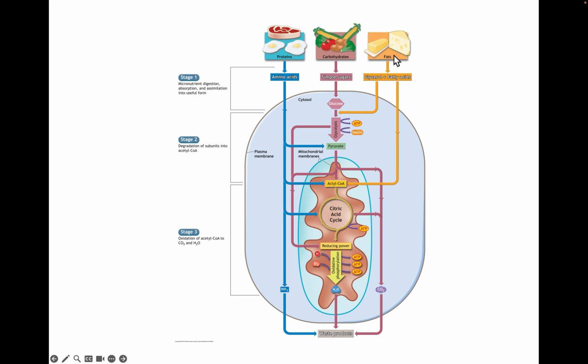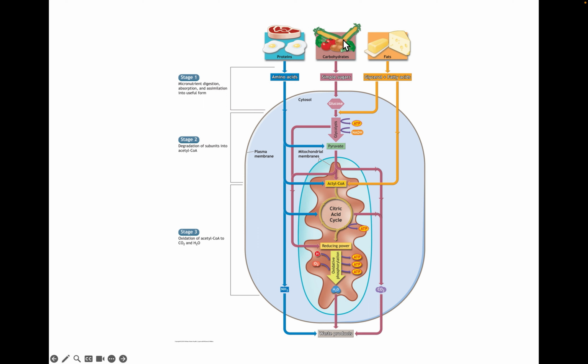Also, take a look at fats there. Parts of it, specifically the glycerol, uses an additional substance, and that additional substance can be used by glycolysis, but glycolysis itself does not break down fats. Fatty acids can be used by our aerobic energy system.